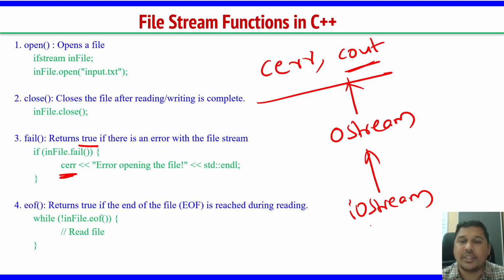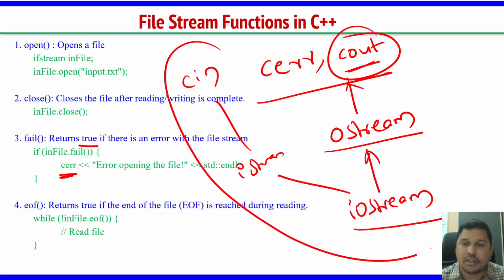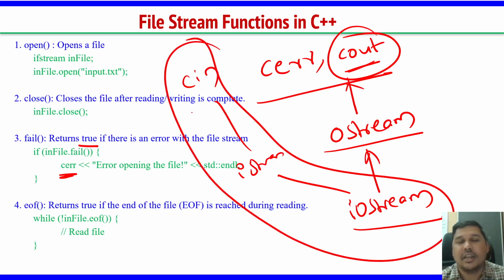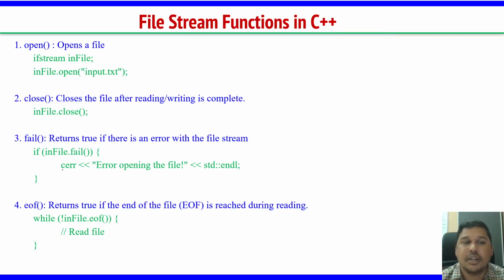Till now we have studied only this: iostream has ostream, which has the function cout, and iostream has istream, and istream has something called cin. But cin is alone. For the input class there may be cin alone, but for the output class we have so many things like cout and cerr. Cerr means display the error. It is the same as cout. It is used for displaying the errors.